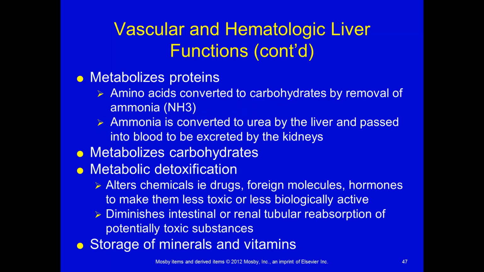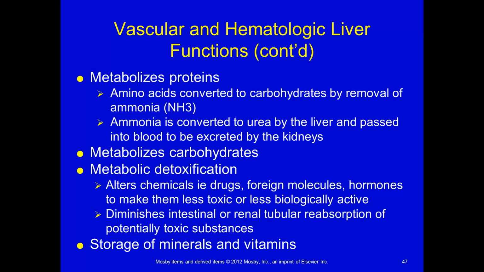So let's talk specifically about a couple of the different substances that get metabolized in the liver. The first one being metabolizing proteins. In the liver, amino acids are converted to carbohydrates by removal of ammonia, the NH3. And remember that ammonia is converted to urea by the liver and passed into the blood to be excreted by the kidneys.